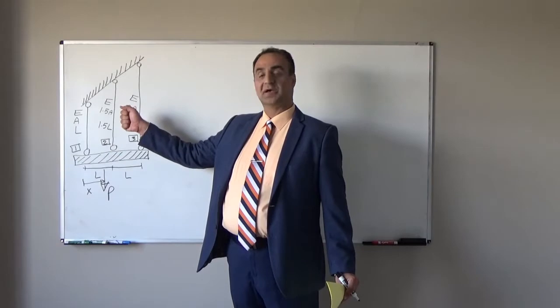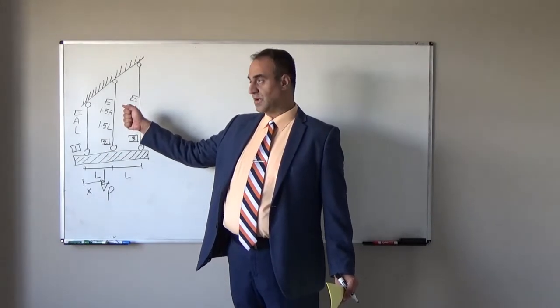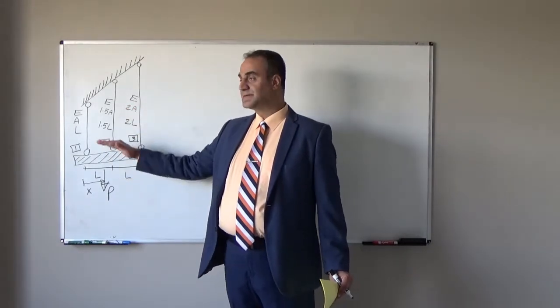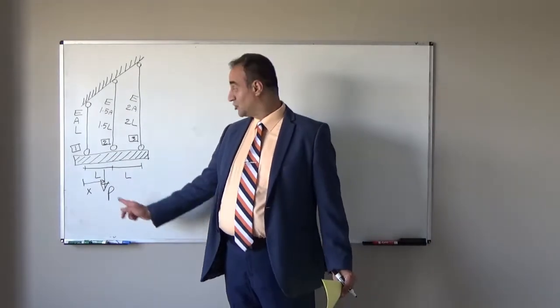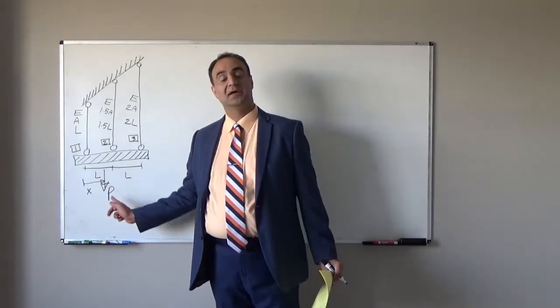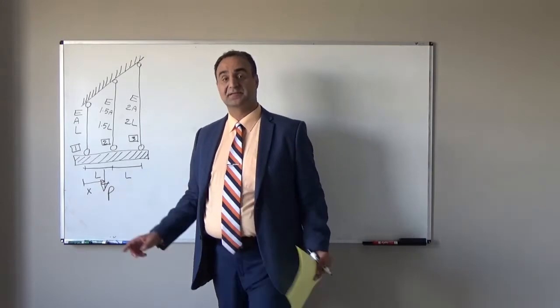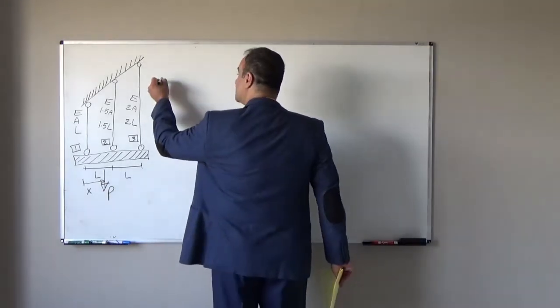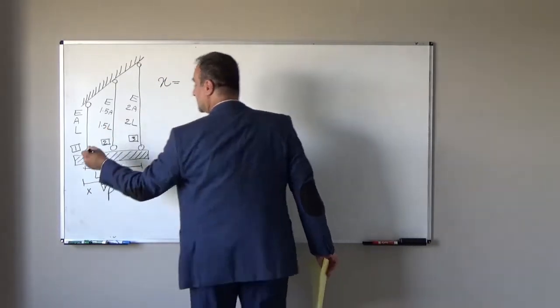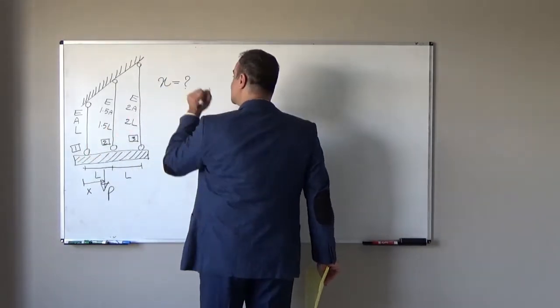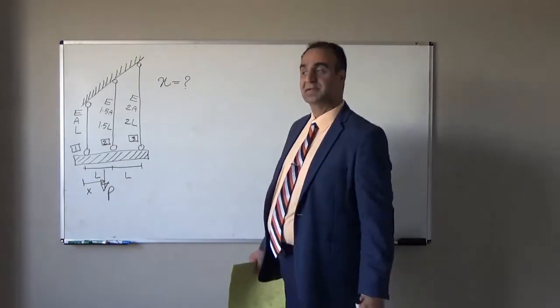Then I apply the external load, I pull down. After deformation, I want it to remain horizontal. So where should I apply this external load? What is the location of the external load from point 1? It is unknown X. I should find that.